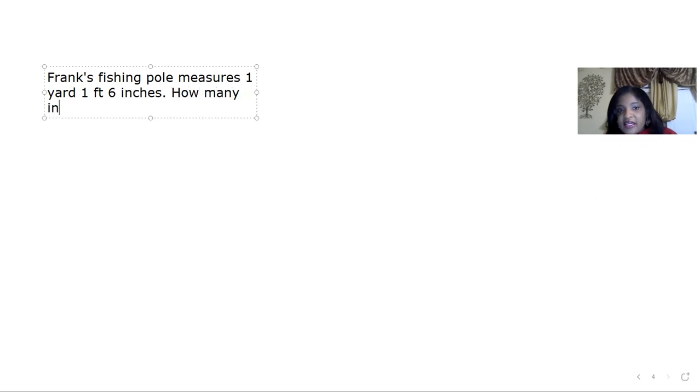How many inches long is the pole? So we have a fishing pole. Okay, it's 1 yard, 1 foot, and 6 inches. And they want the answer all in inches.